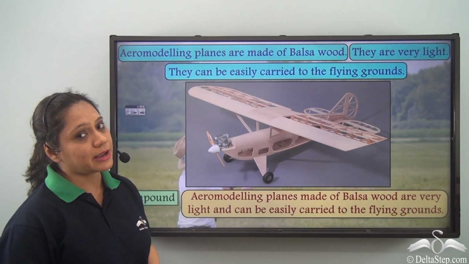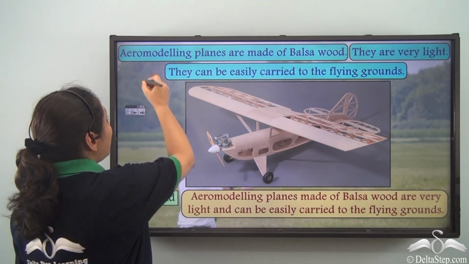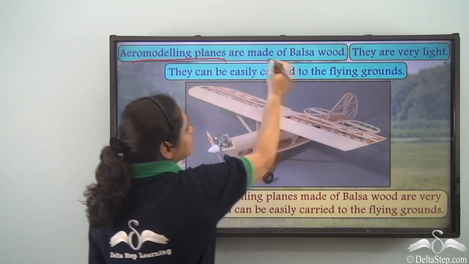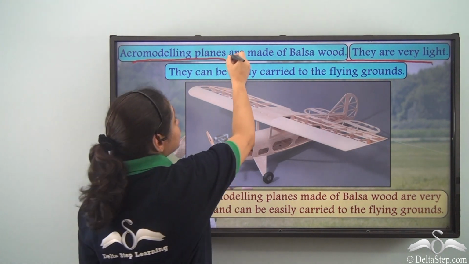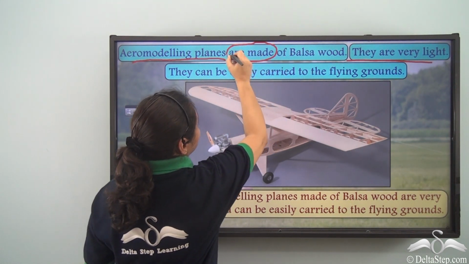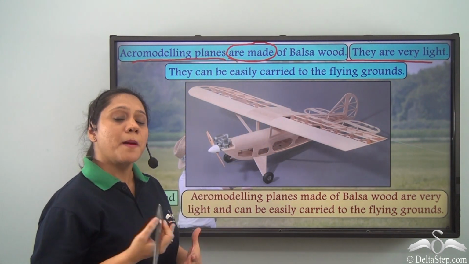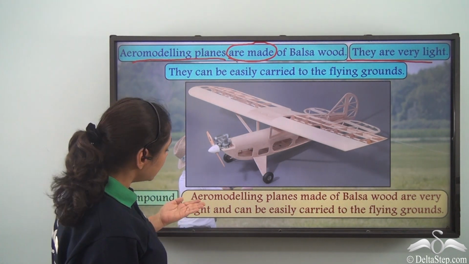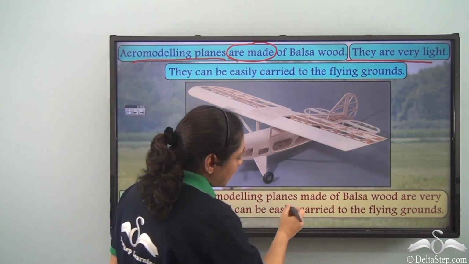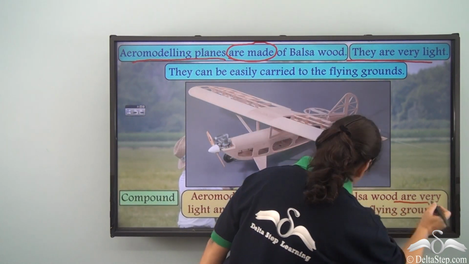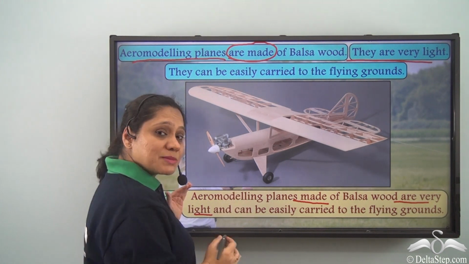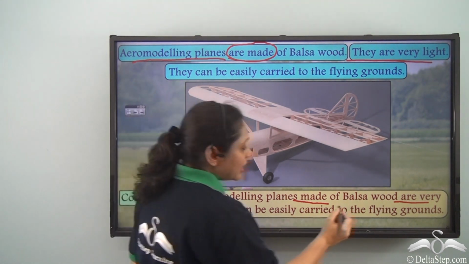So what have we done here? Here we have joined the first two sentences. How? We have changed the finite verb are made to its participle form and written, aeromodeling planes made of balsa wood are very light. So this part has only one finite verb, are.